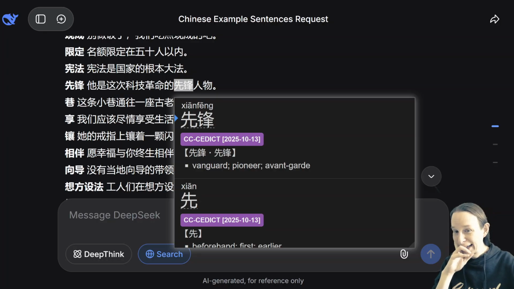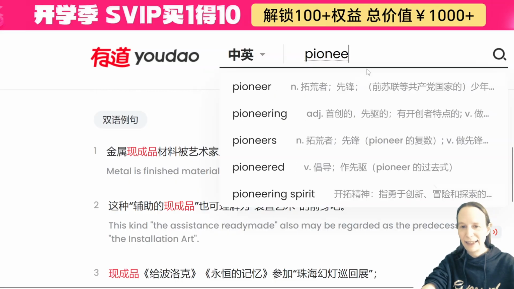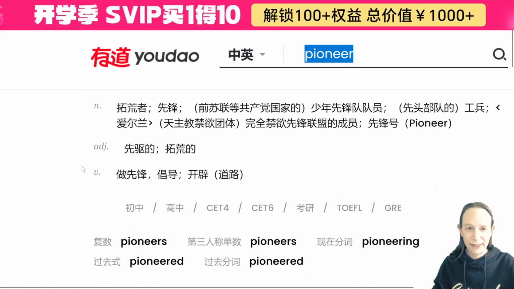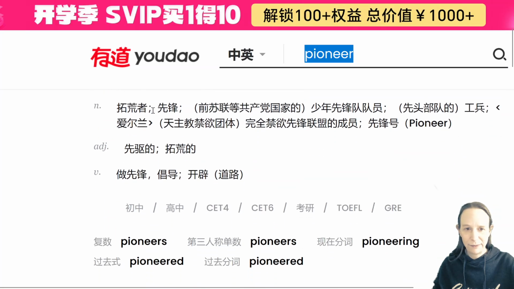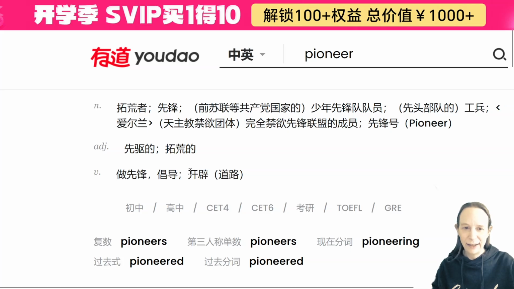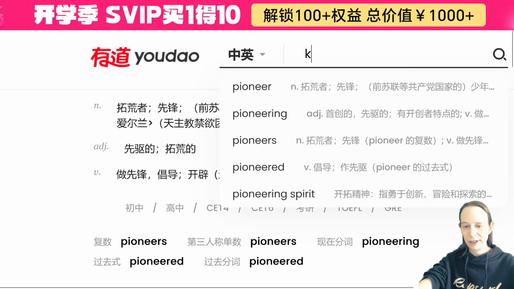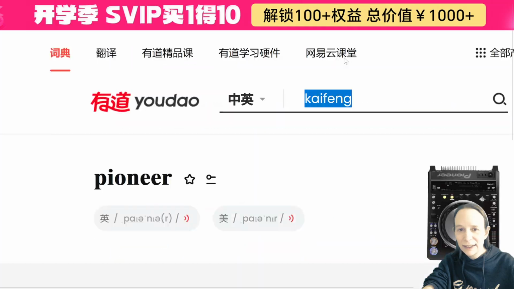There's another word for pioneer, is there not? Pioneer in Chinese. I know this word. Maybe it is 先锋. Or Huang? No, this is the verb meaning to pioneer. Yeah, 开辟者. Is it 开封? Maybe it's not.